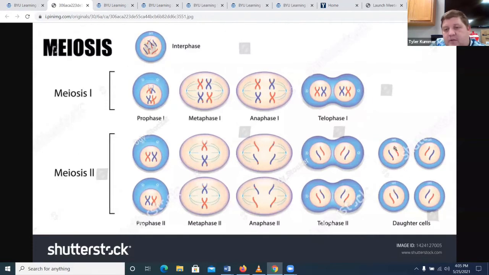And then we see with chromosome 1 here, nothing that came from dad here, but this one has a little piece of blue in there. So it's not exactly identical to that one either. And so this process of meiosis and recombination is going to create a lot of genetic diversity in the offspring, right?